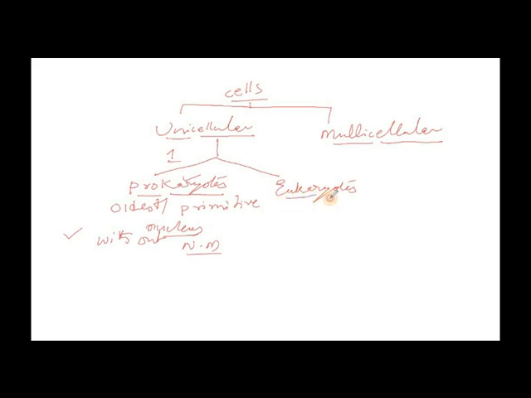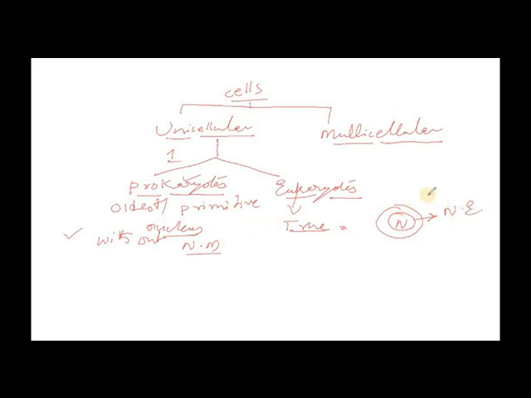Whereas eukaryotes means true cells. True cells means that in every cell of eukaryotic organisms, there is a nucleus in the middle, and the nucleus is compulsorily wrapped by a nuclear envelope.